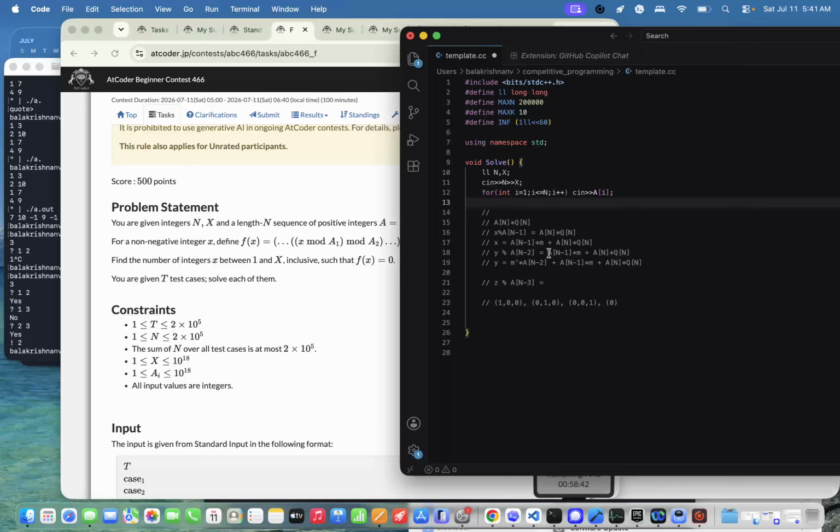The last element needs to be a of n times q of n. That's fine. Second last is x. And just before the second last, there's that x mod a of n minus 1, so a of n times q of n.